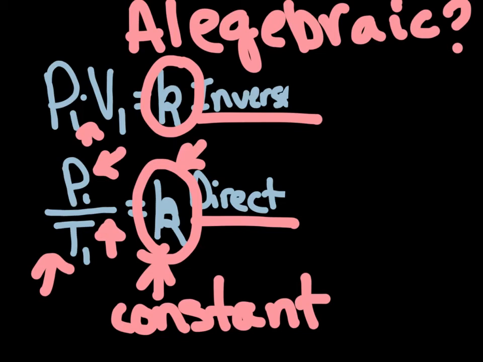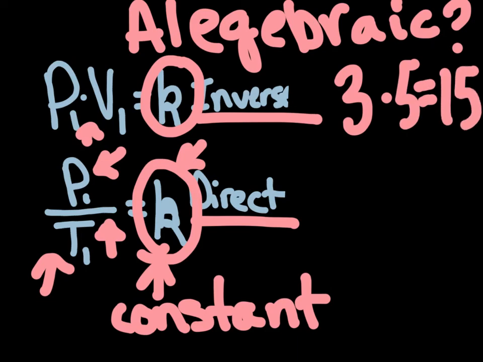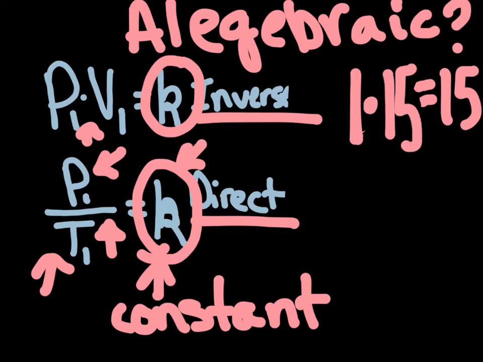So for instance, if I have 3 times 5 equals 15, and then I decrease my pressure to 1, then automatically, in order for the gas laws to work, based on gas behavior, the decreased pressure will cause an increase in volume to 15 liters.